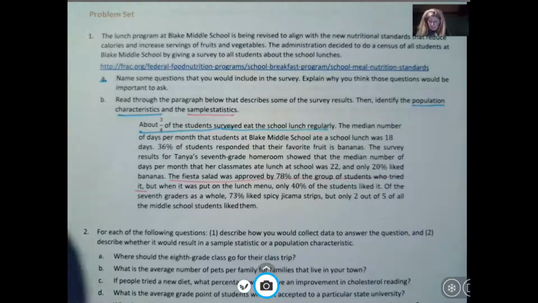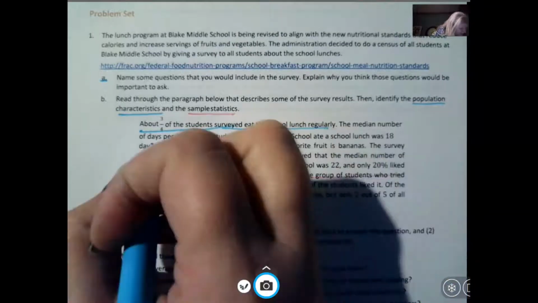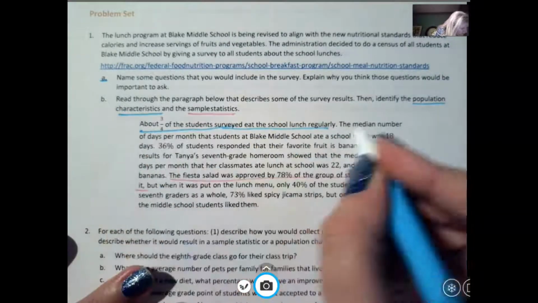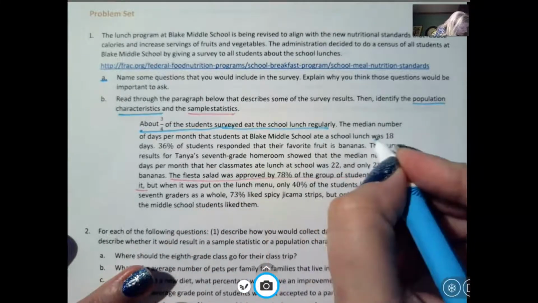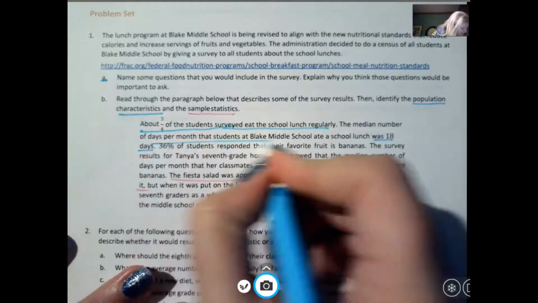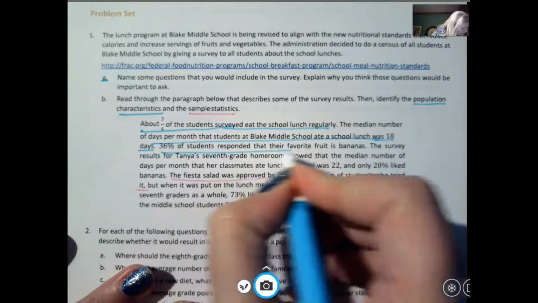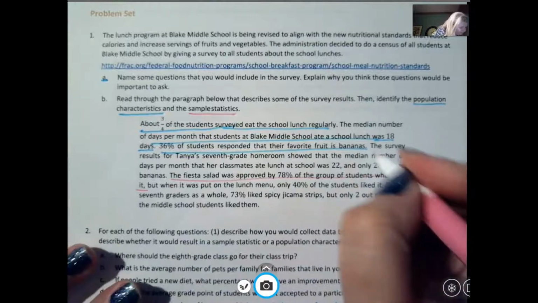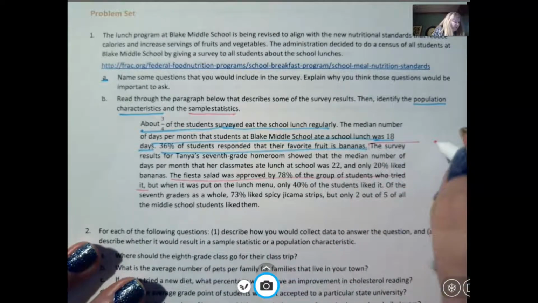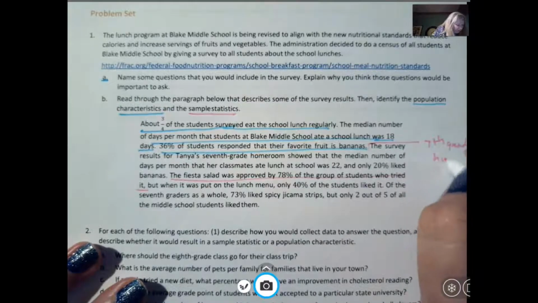Okay? So the median, this was the students at Blake Middle School, the 18 days, 36%. The survey results, now at this point, you are switching to just the 7th grade homeroom.